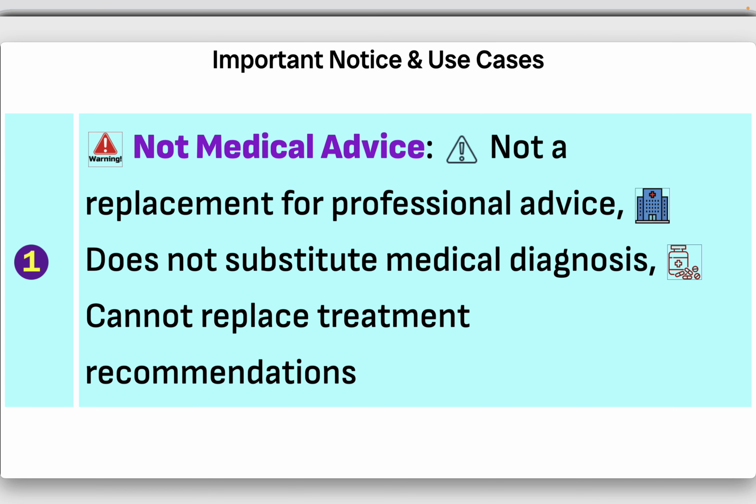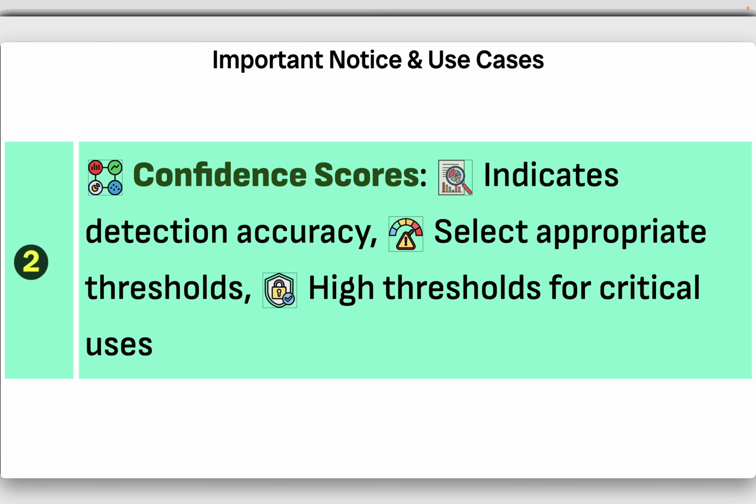Important notice and use cases. Not medical advice. So Amazon Comprehend Medical should not be used as a replacement for professional medical advice, diagnosis, or treatment. Confidence scores. So the service provides confidence scores indicating the accuracy of detected entities.